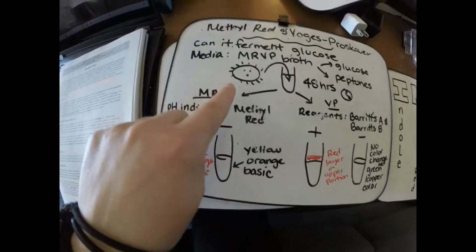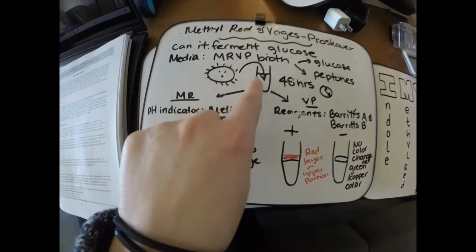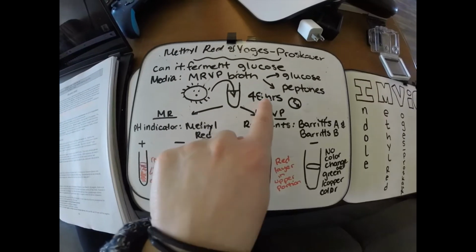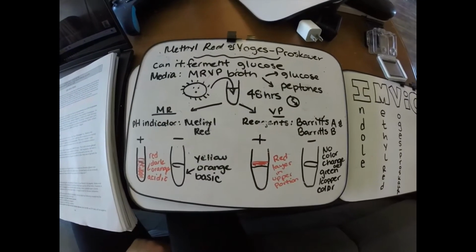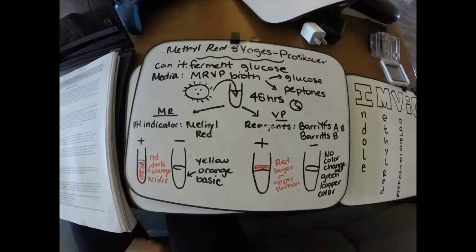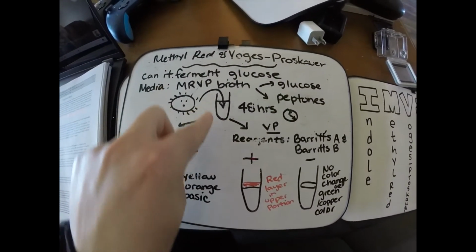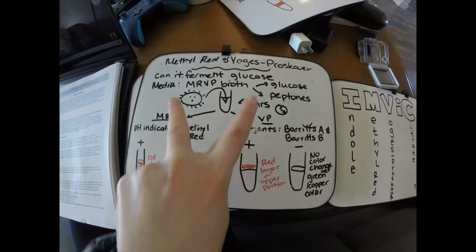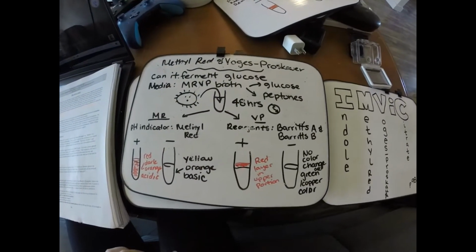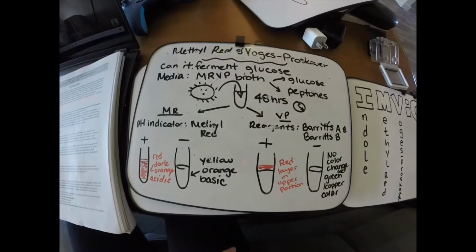So you add your little bacteria guy into your tube, you incubate that for 48 hours, and then when you come back, you're going to split this solution to do two different tests with different components that you're going to be adding.